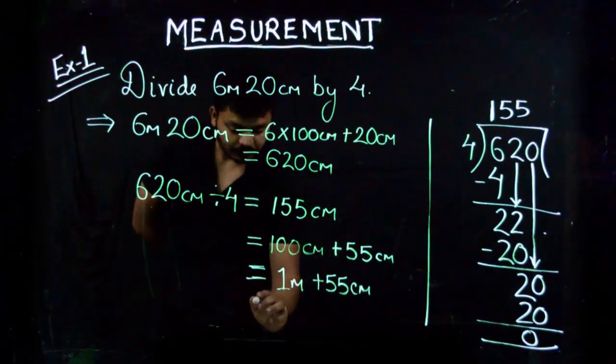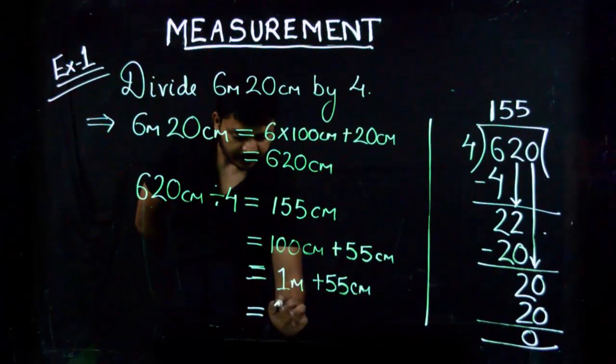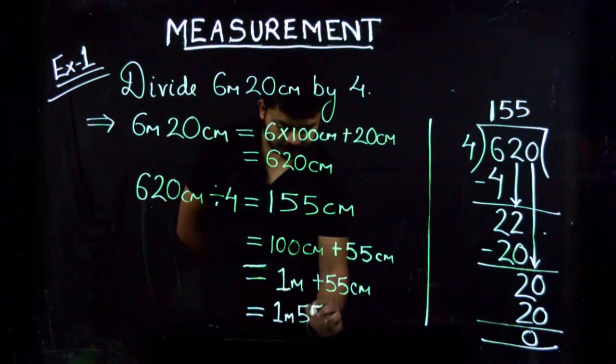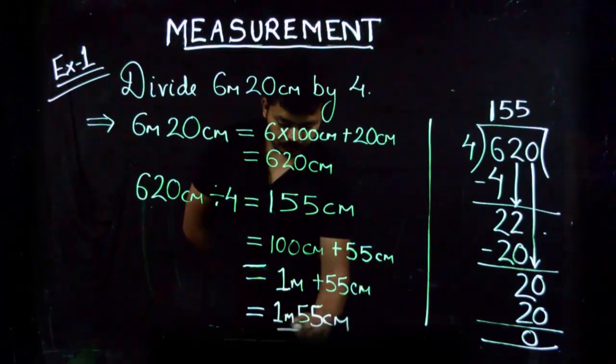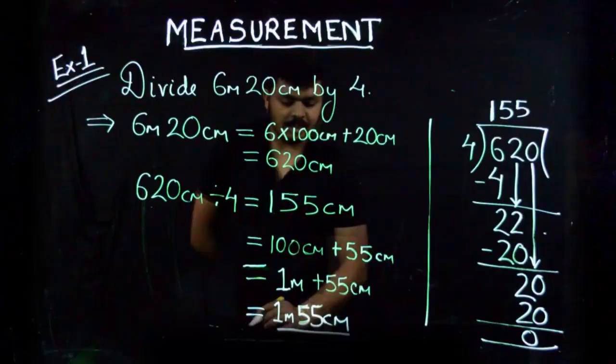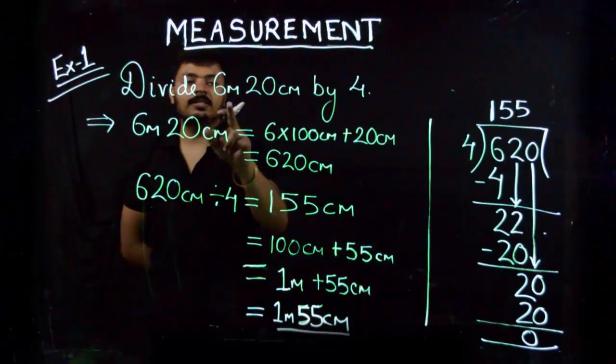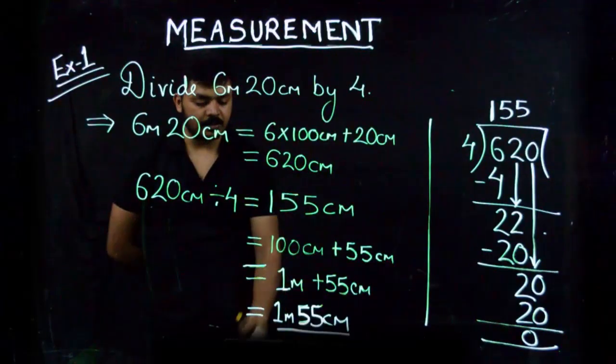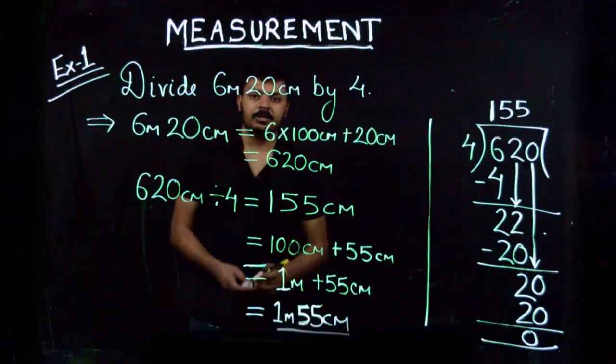So you can say the resultant is 1 meter and 55 centimeter. So this is the required answer. When we divide 6 meter 20 centimeter by 4, we get our answer as 1 meter 55 centimeter.